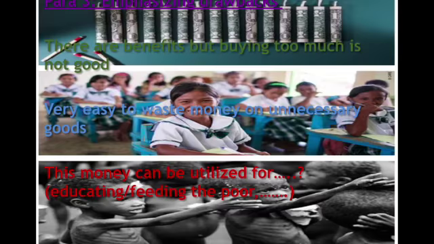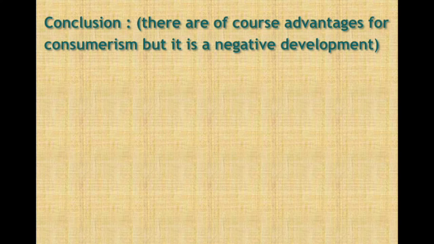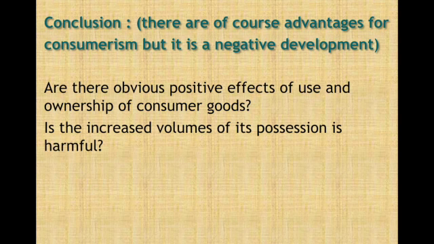So by finishing that paragraph, it's time to conclude the essay. So in the conclusion, we mention the fact that of course there are many benefits to consumerism, but it is not good. And that is the content of the conclusion. So we can write a sentence like: there are obvious positive effects of the use and ownership of consumer goods, but the increased volume of possession is absolutely harmful.